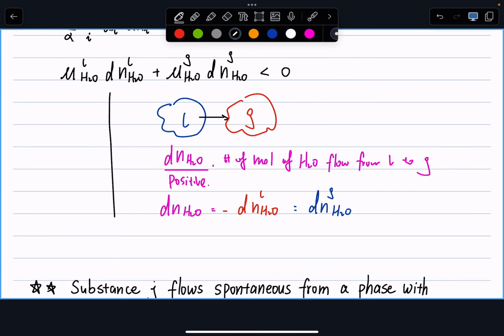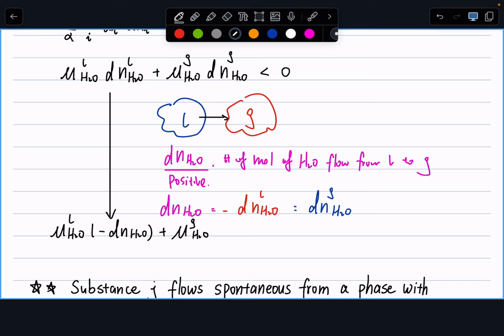Plugging into our original expression, we get mu H2O liquid, the chemical potential of liquid water, times negative dnH2O, plus the chemical potential of the gas phase water times dnH2O, smaller than 0.